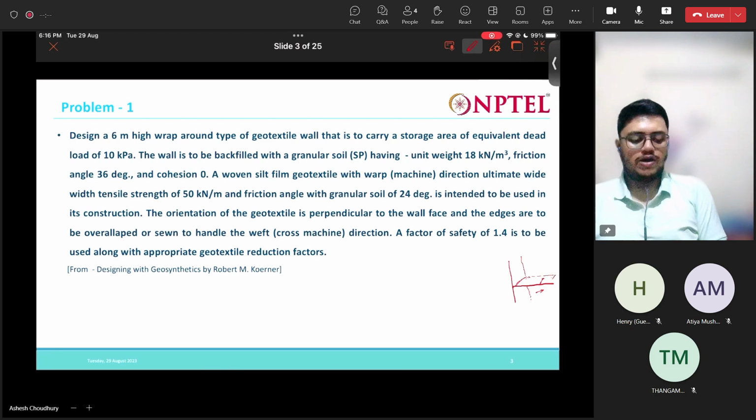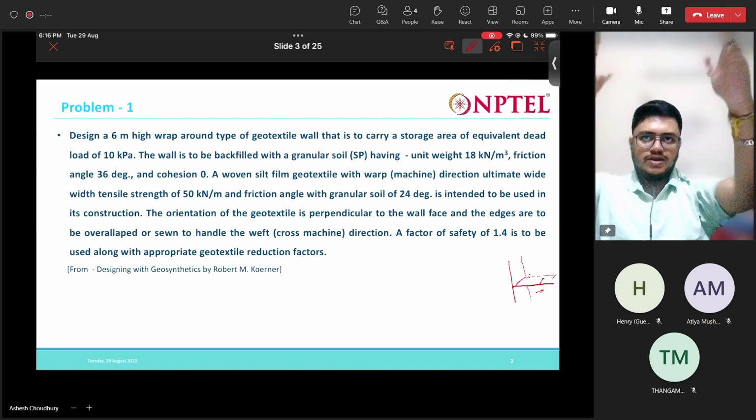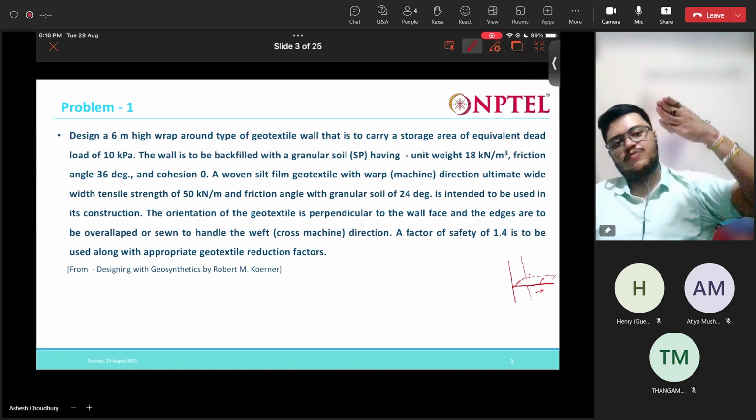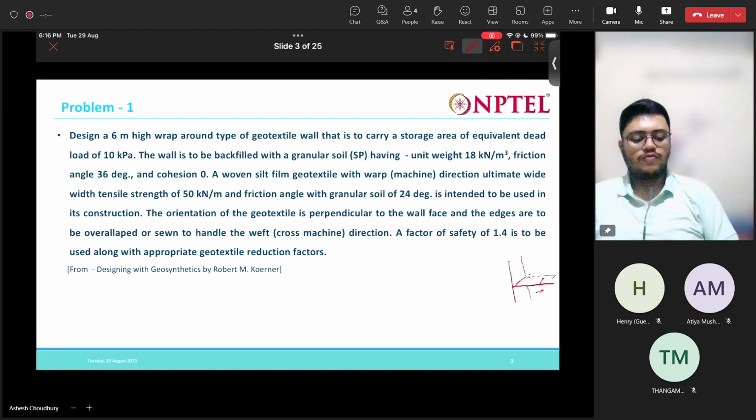In the weft direction, obviously the wall is very long, the out of plane direction is very long, so you need to join or seam the geotextile. So we give some overlap here and then sew it in the cross machine direction.